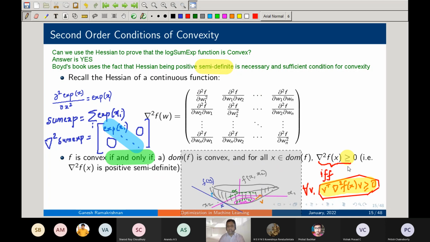The slice of the function based on direction V must be curved upwards. That's what we are saying. Any direction, not one specific direction, any direction V must be curved upwards. Which makes sense because that helps us relate to the one-dimensional case again. That's it for this interpretation.